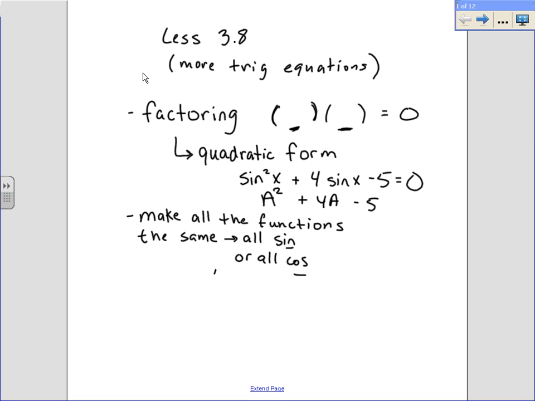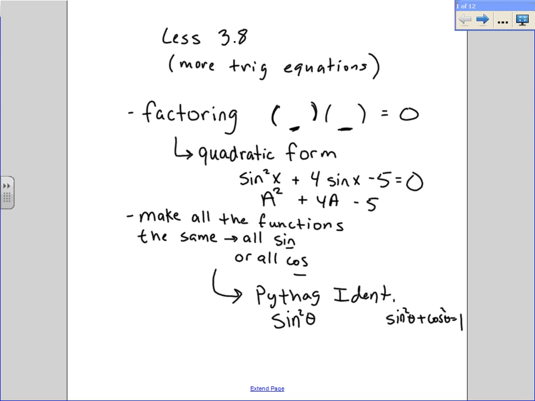Now, the way of doing that a lot of times is by using the Pythagorean identity. So by using a Pythagorean identity, for example, if I have sine squared theta in a problem, if I wanted to put that in terms of cosine, well, I could use my identity here that sine squared theta plus cosine squared theta equals 1.